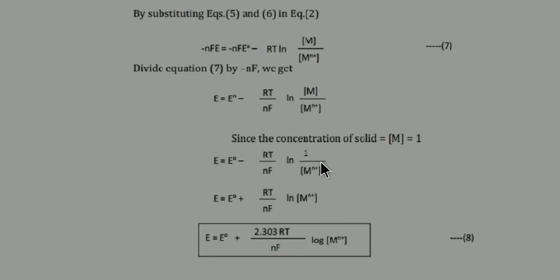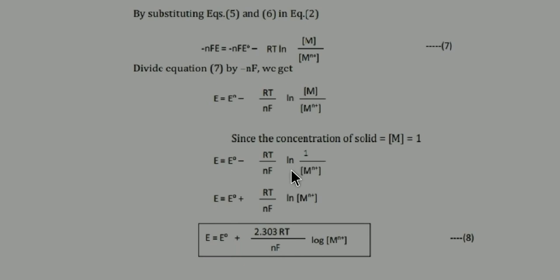So this can be converted as ln A raised to minus 1 equal to minus 1 ln A. I hope you are understanding, that is the basic logarithm part. Log A raised to minus 1, or ln A raised to minus 1, can be written as minus ln A. So that minus and this minus, both are in multiplication, so you can have a positive term here and you can write RT by nF ln [Mn+].